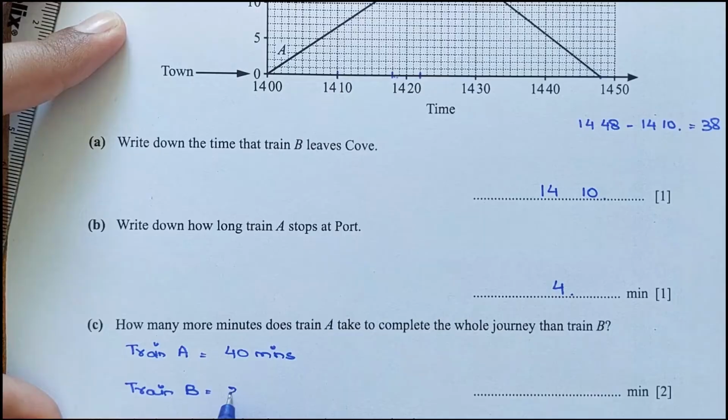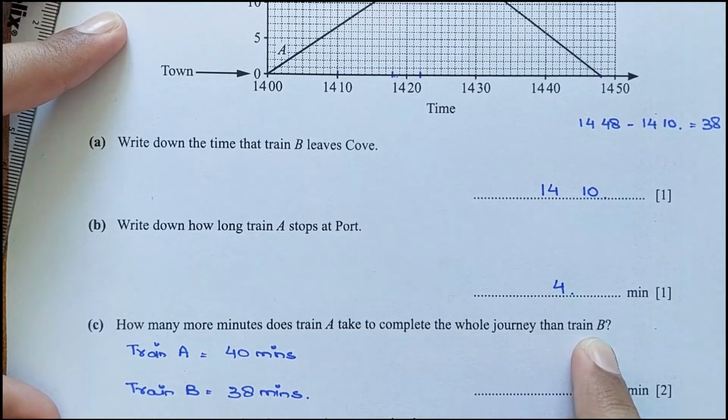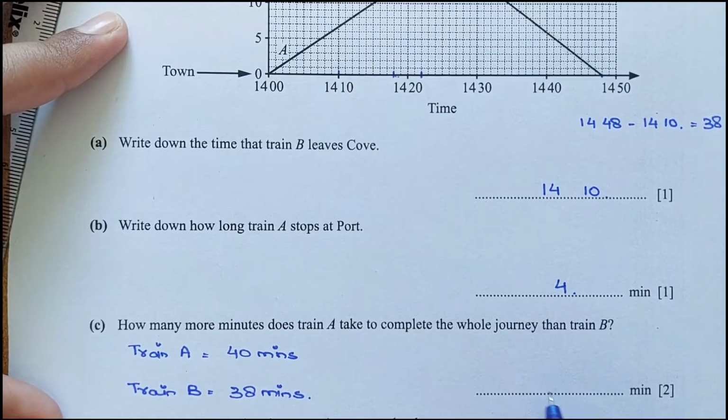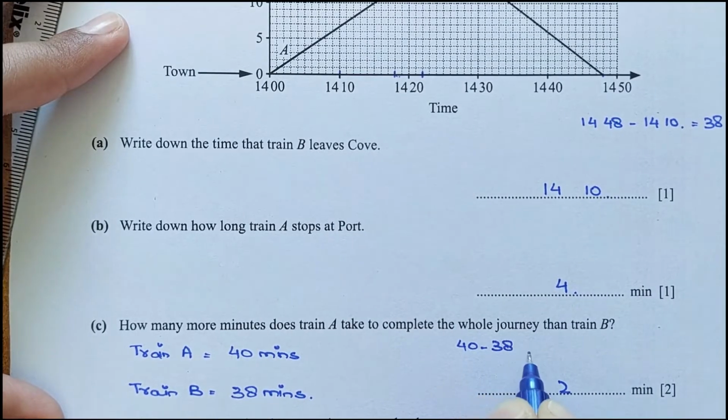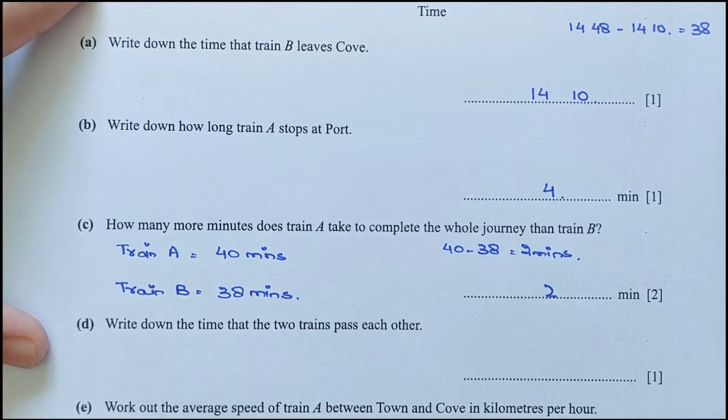So it takes 38 minutes for train B to complete the whole journey. So how many more minutes does train A take than train B? 40 minus 38 equals 2 minutes. So train A takes 2 more minutes to complete the whole journey than train B.